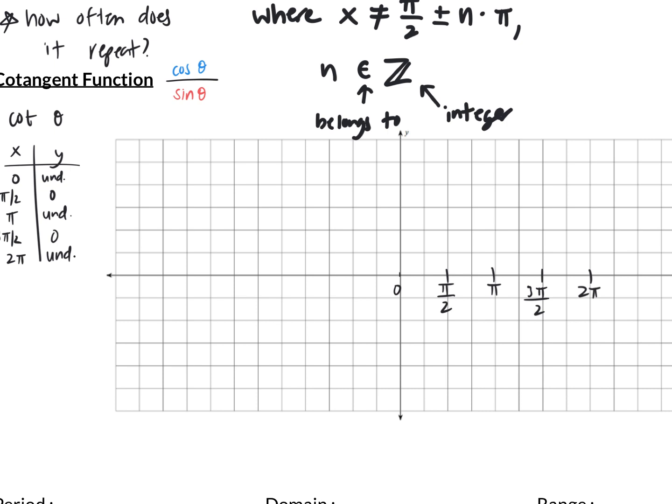I'm going to do them at 0, at pi, and at 2 pi. And I've got 2 points from my table up there that tell me I'm going to have points at pi over 2, 0, and 3 pi over 2.